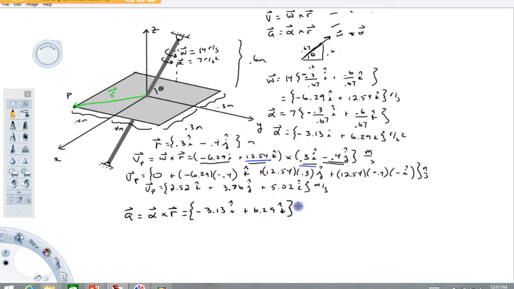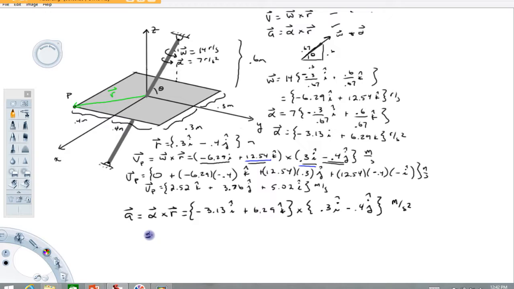And again, that would have units of radian per second squared. I'm going to tack the units at the end. And we're going to cross that with a position vector, which was 0.3i minus 0.4j. And that was in units of meters. So by the time we take radian per second squared times meter, we get meter radian per second squared. Radian is dimensionless. So unit-wise, that's going to work out to meter over second squared.